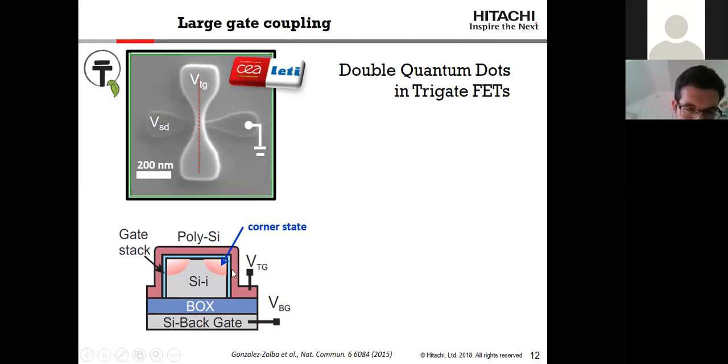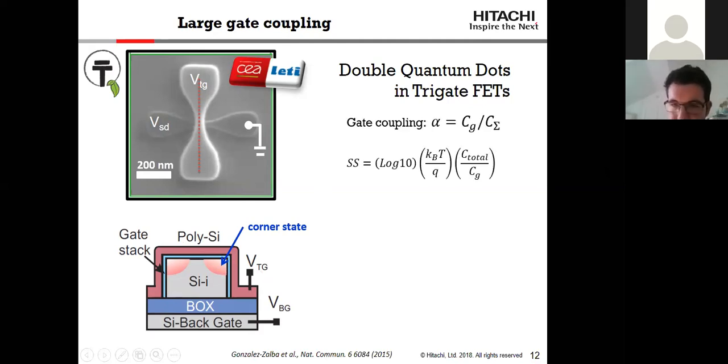Dots form at the corners, and because of this three-dimensional geometry, the wrapping and the control of the conduction band in that region is quite efficient. This gate coupling, which is nothing but the ratio between the gate capacitance and the total capacitance, is strongly linked with the expression of the subthreshold slope that the semiconductor industry has been trying to optimize for decades.